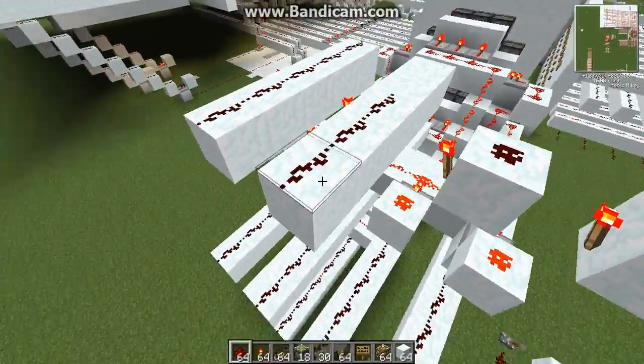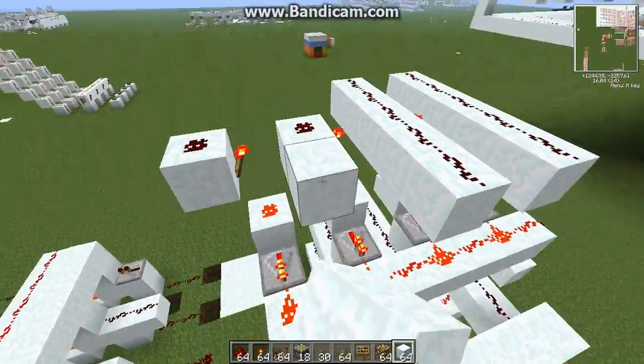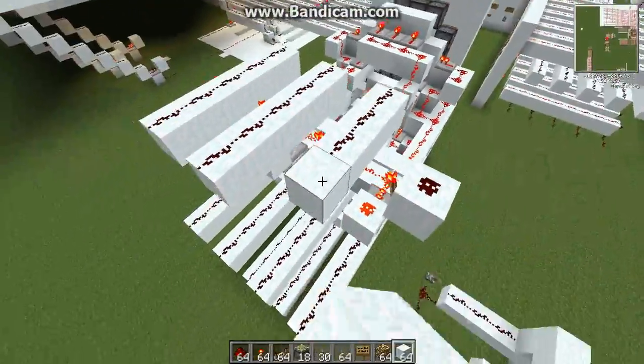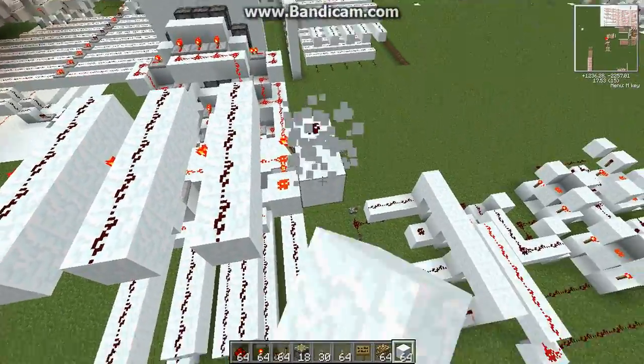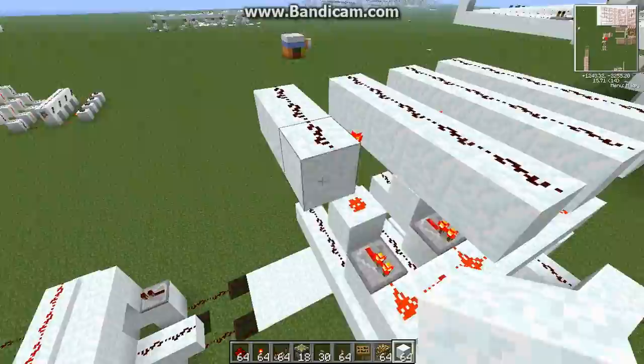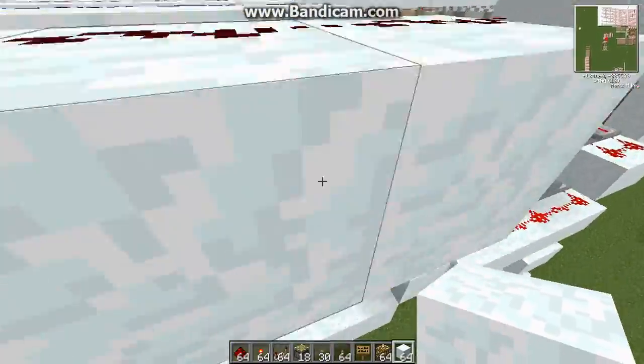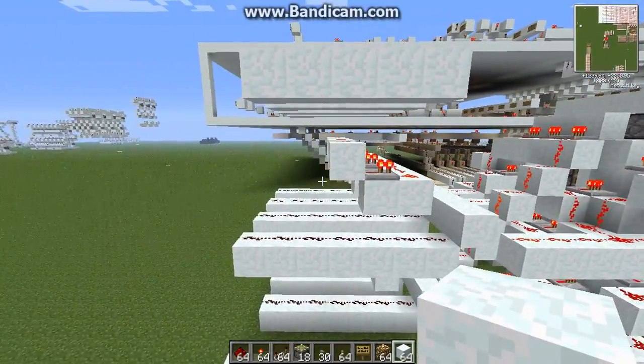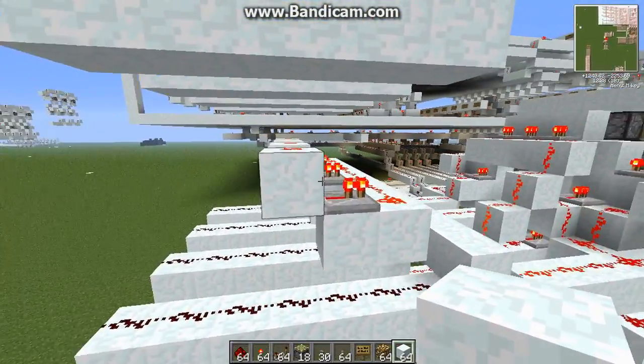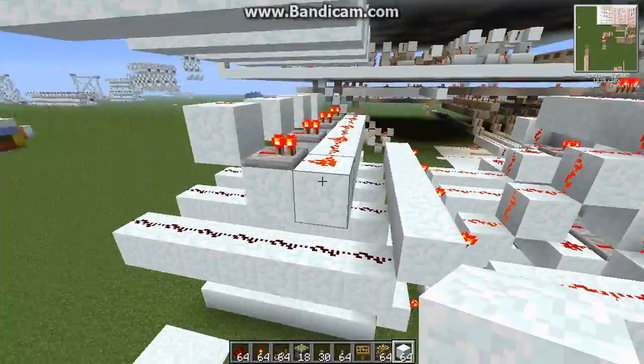And I'm just going to expand the wire out a little because I intend to WorldEdit it a little bit, just to save myself some time. And there. So, this is going to pretty much be the basis for this whole system.